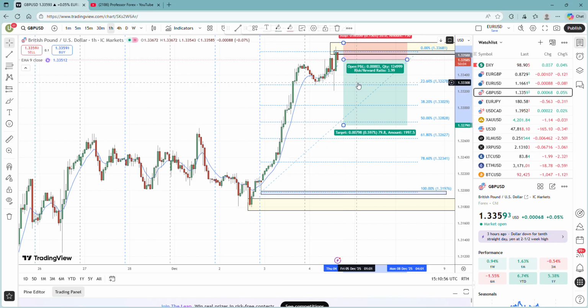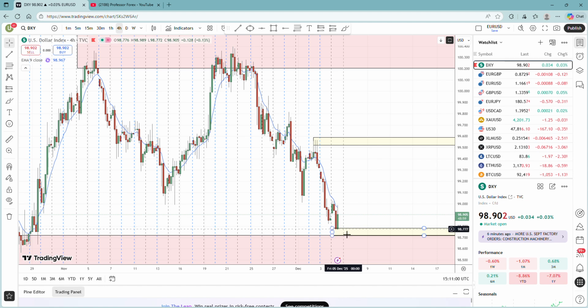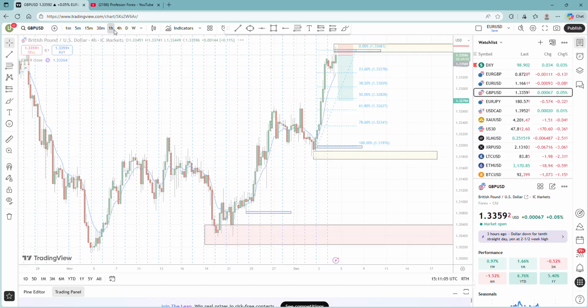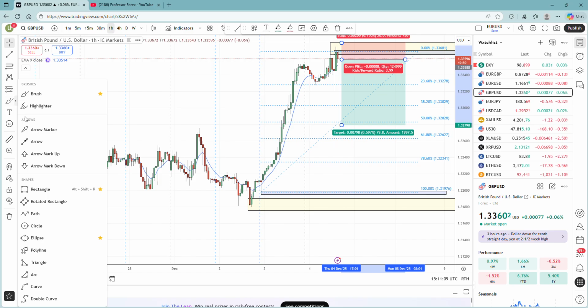This is our resistance. We're looking for a potential sell trade. Remember, DXY is at our H4 support. If DXY goes up from here, USD is going to go down from here. So that's why a potential sell trade.